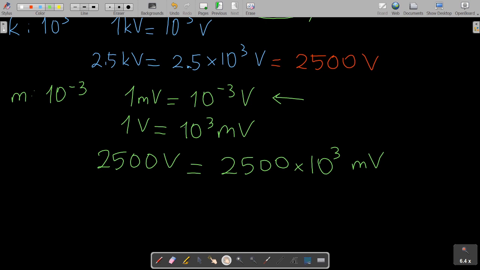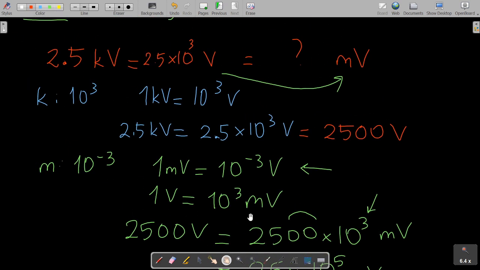So can we write this more presentable? We can go something like this: 25 times 10 to the power, what am I going to write here? There is 3 coming from here and 2 coming from here. 2 plus 3, 5. 10 to the power 5 millivolts. So this is the answer.